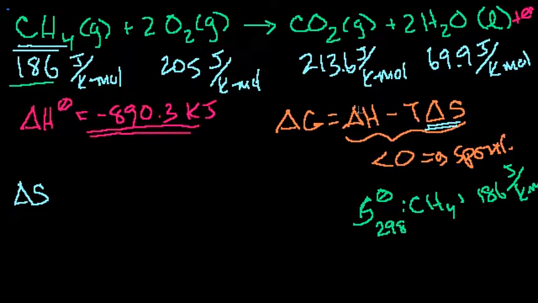So the total change in entropy of this reaction is the total standard entropies of the products minus the total standard entropies of the reactants, just like what we did with enthalpy.